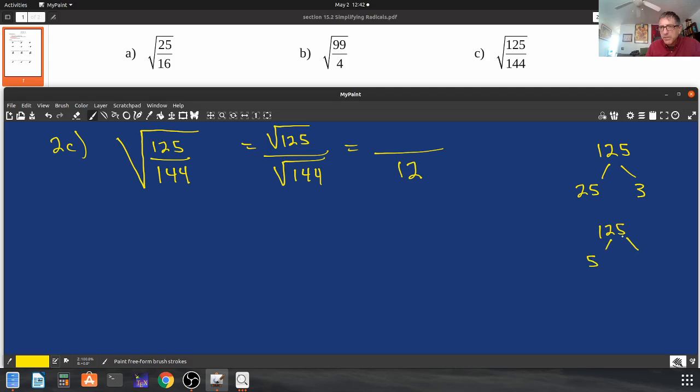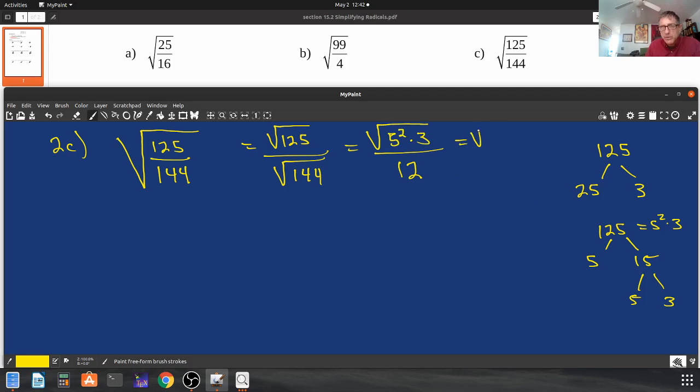And 125 divided by 5 is 25, which is 5 times 5. So you get that it's 5 squared times 5, or if you know automatically, it's 25 times 5. So I'm going to write that as the square root of, doesn't matter, let's do it 5 squared times 3 just to be contrary.